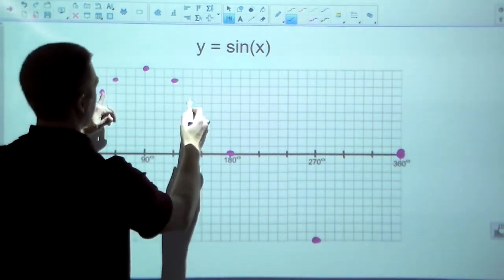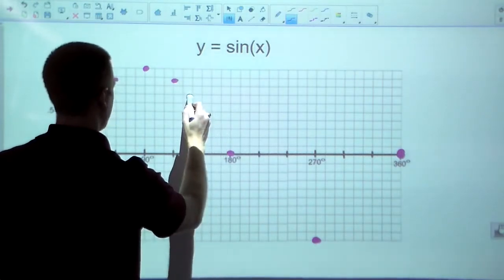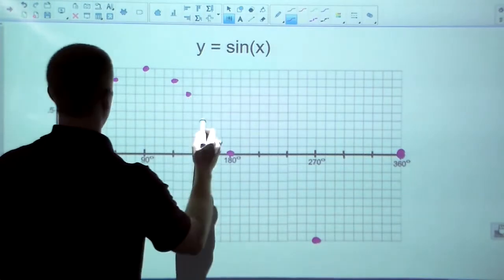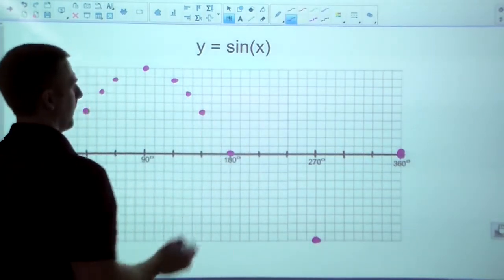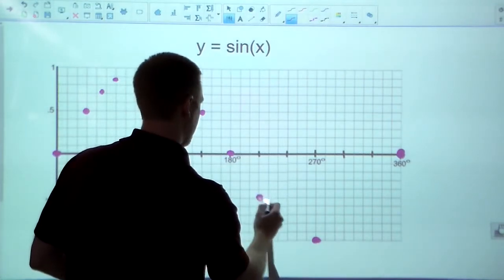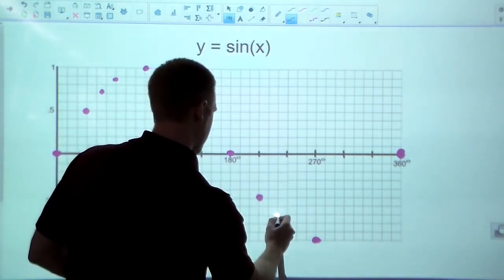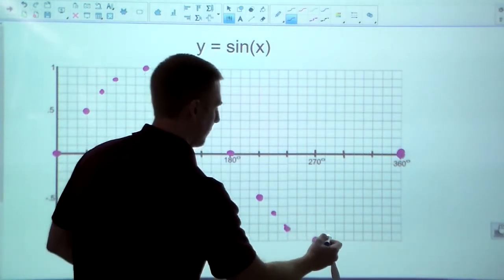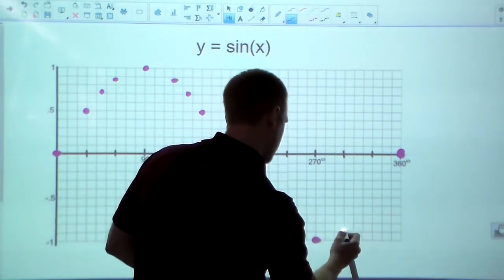At 135 degrees, we're back to about 0.7, I believe it was. And back to a half when we get to 150 degrees. Back to 0. And then it just kind of goes negative. So negative a half, about negative 0.7, close to negative 0.9. And repeat over here.